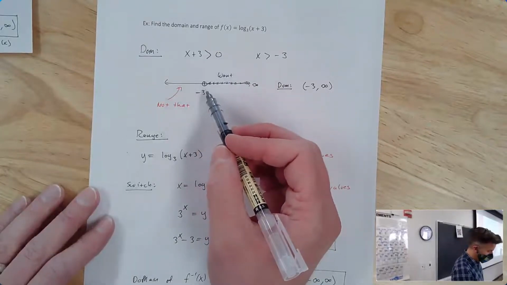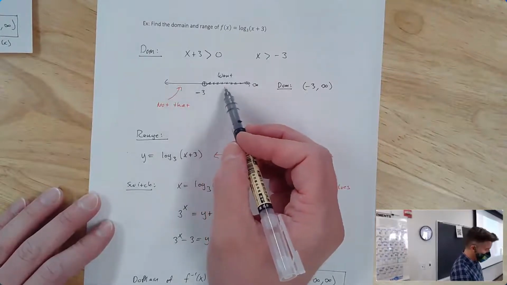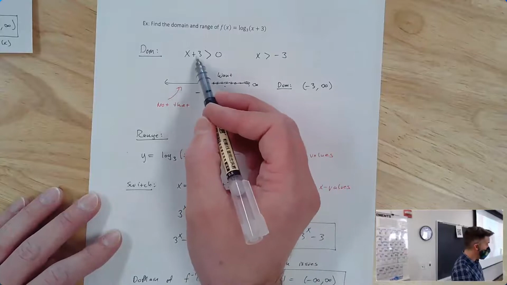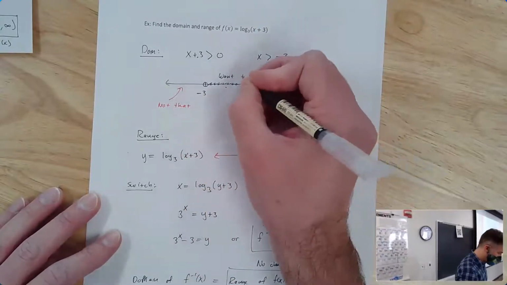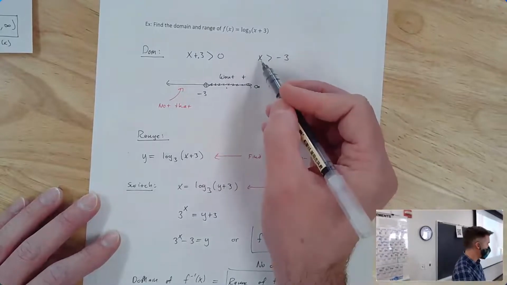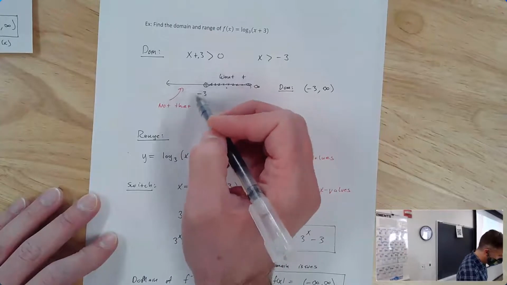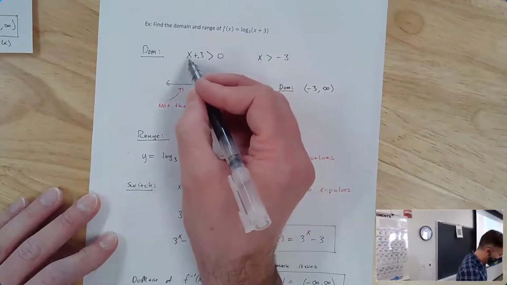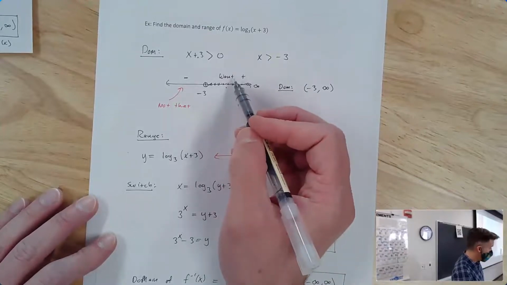And so then I said, well, if I pick a number larger than -3, like -2, -2 plus 3 is 1, which is greater than 0. Check. -2 plus 3 is positive. Over here, if I plug a number less than -3, like -4, -4 plus 3 is negative. And I want the stuff to be positive.